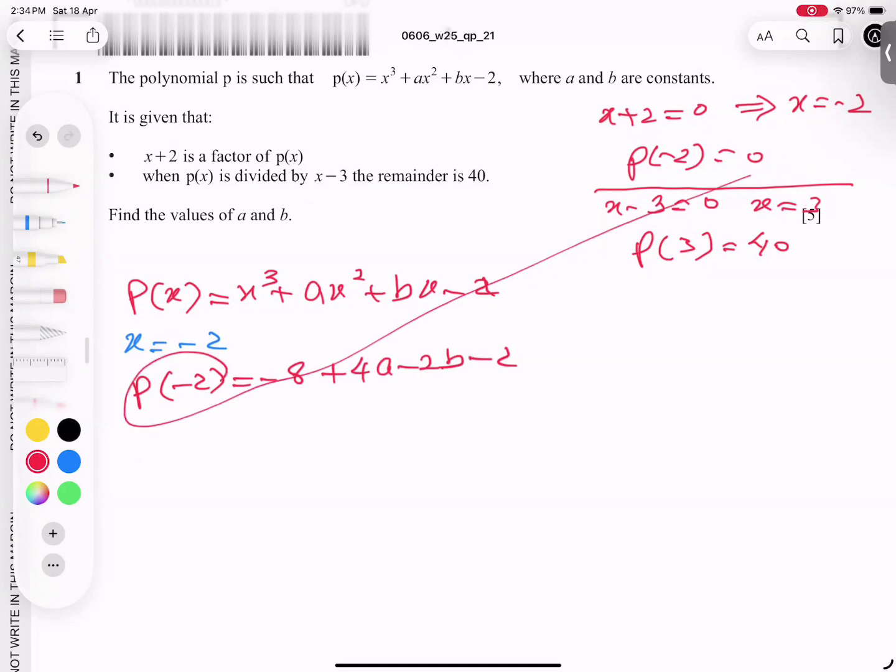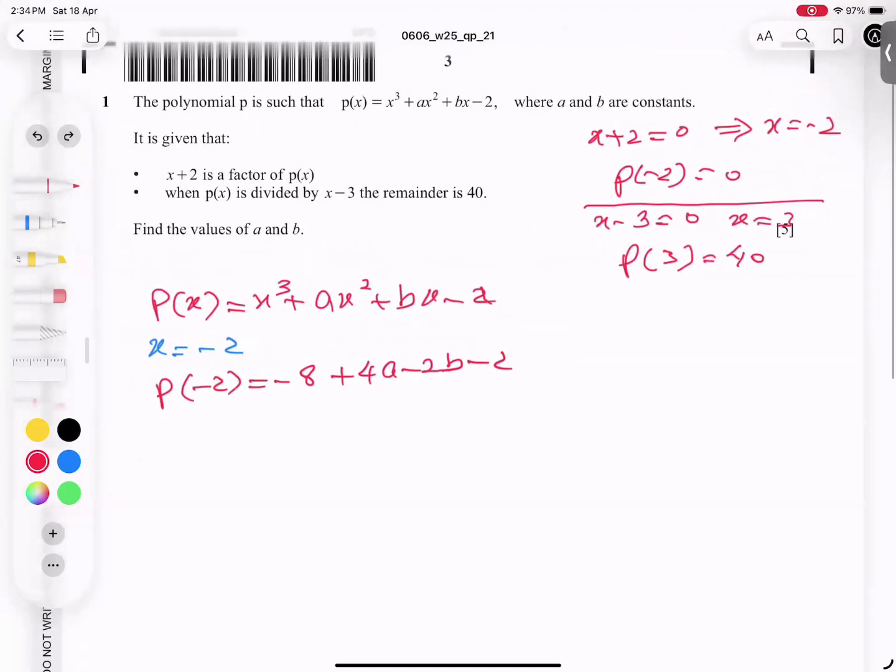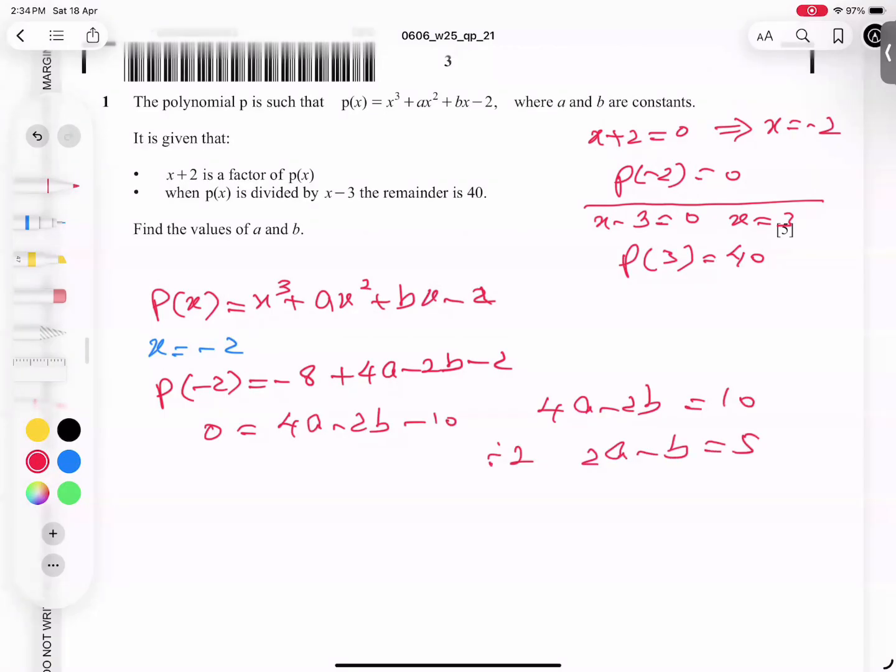And this I'm replacing by 0. I'm getting 4a - 2b - 10, so I got 4a - 2b equals +10. Divide by 2. I got 2a - b = 5. This is not compulsory, but it makes the question easy.